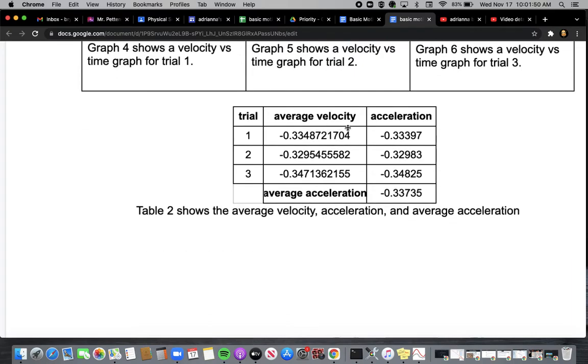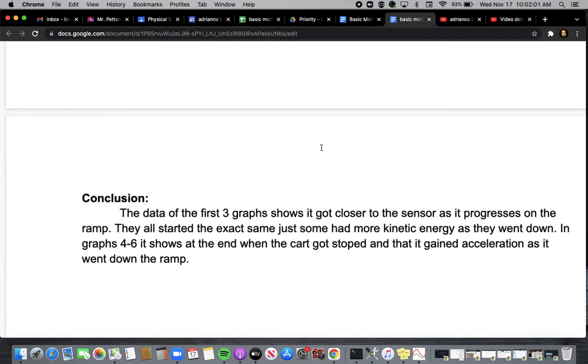And now we get to do this. All of the acceleration is pretty much the same because they were all the same time, and so is the velocity.